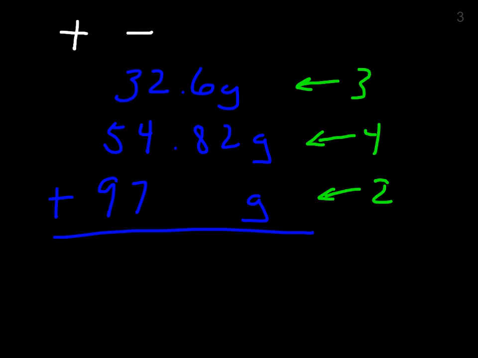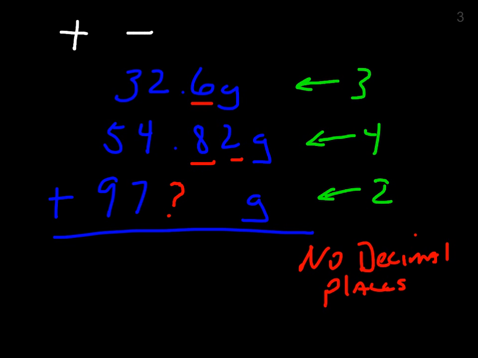What I am worried about is the number of decimal places. In this case, I have 1 decimal place, 54.82 has 2 decimal places, and 97 doesn't have a decimal place. There's no decimal place there. So my answer can't have any decimal places. So there will be no decimal places in the answer.